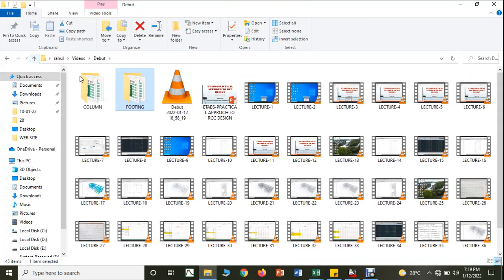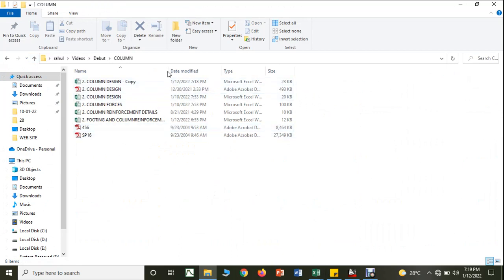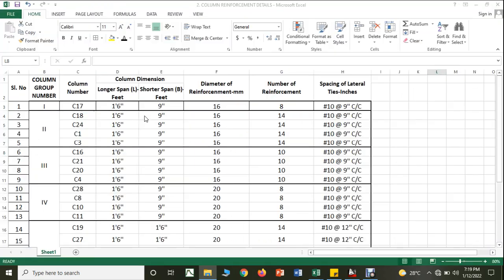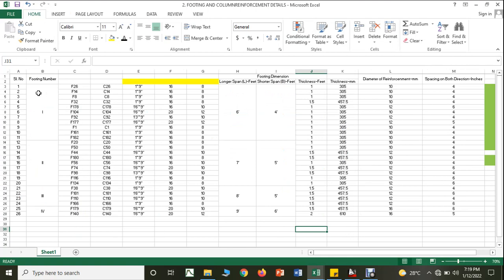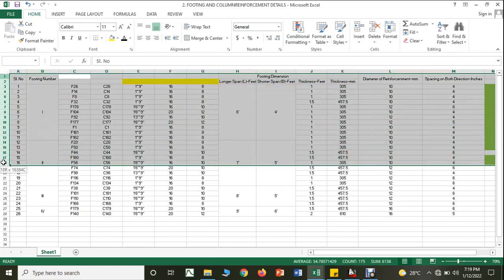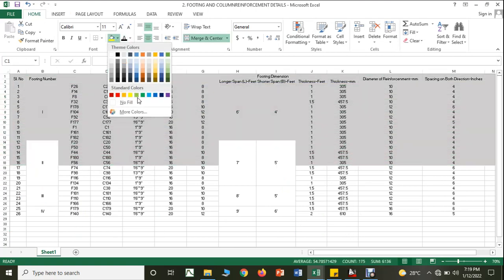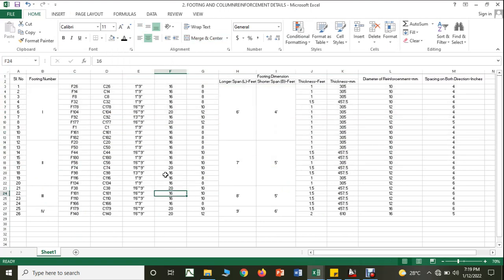So let us open another sheet, footing and column reinforcement details together, right? Yes, so let us give like this. So this is the actual sheet. You can see this, anyhow it will be serial number. It is the footing. I can give footing group number.